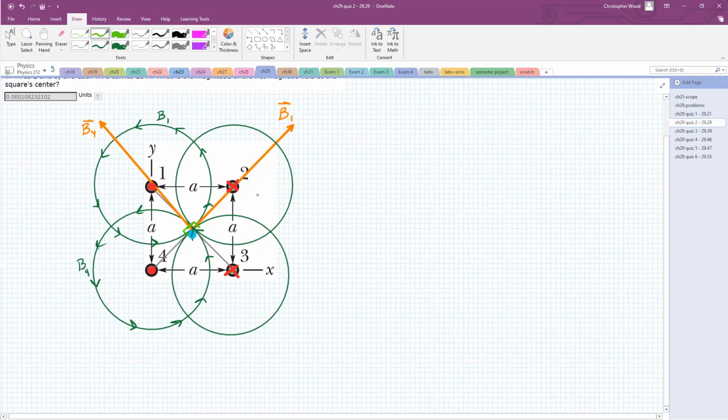If I play the same game for 2, though, things are a little bit different. Current's going into the page, which means my field lines are flowing like this.